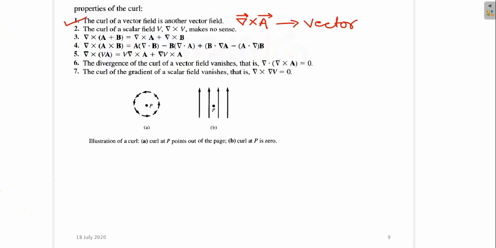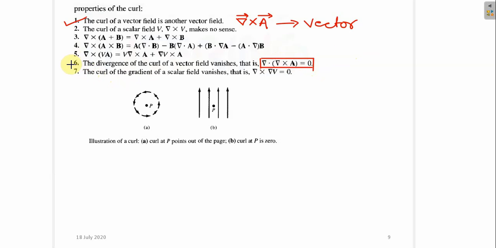The divergence of the curl of a vector field is 0. So this relation is very important to remember. If you are performing the divergence of the curl of a vector field, it is 0.